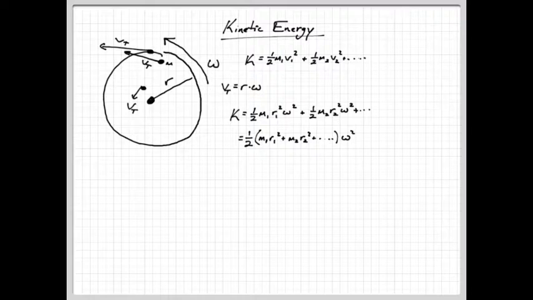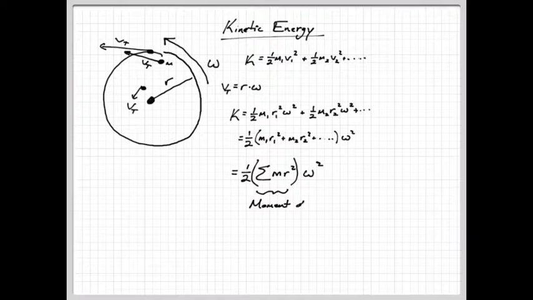So from here, what we've come up with is a formula that says 1/2 and then all this mess in parentheses. Well, it's really a summation of the products of m r squareds, times the angular speed squared. This product in parentheses we refer to as the moment of inertia.